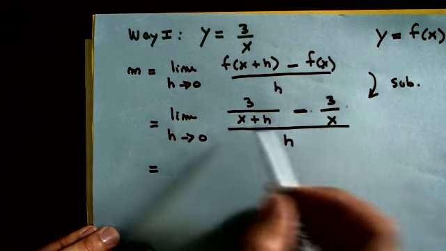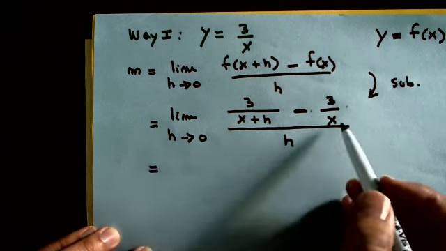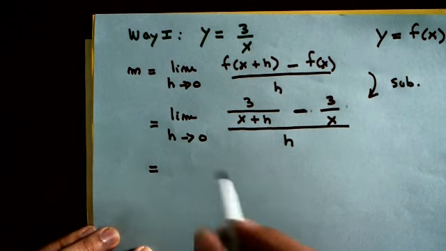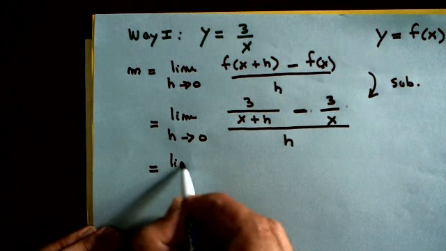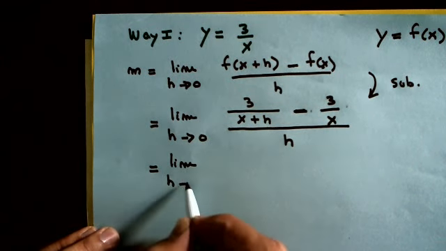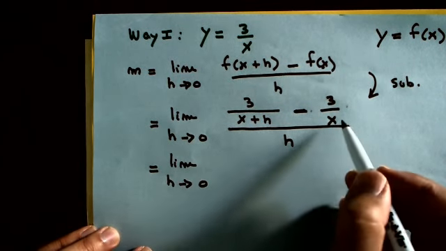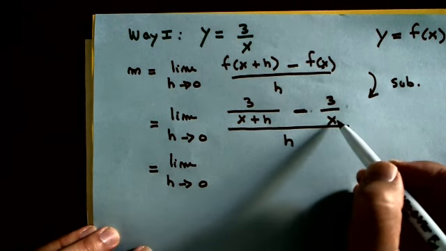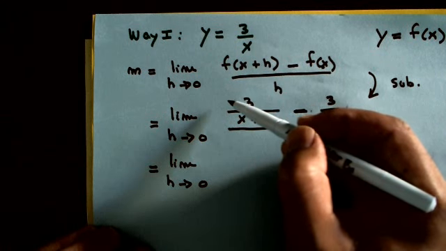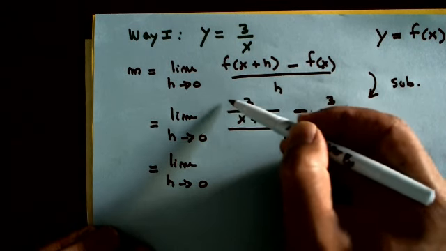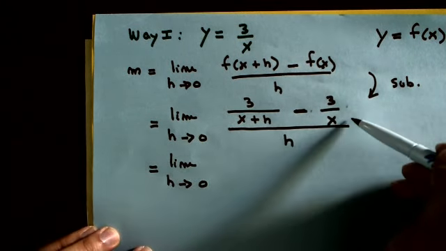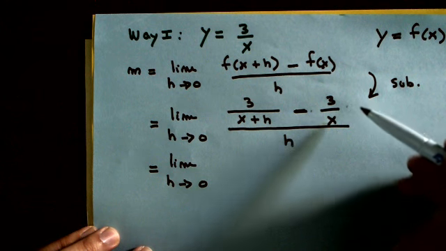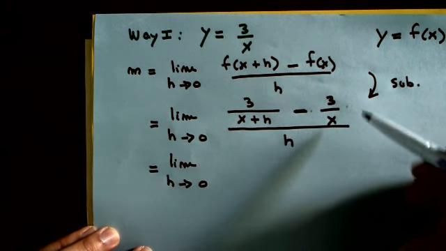We have to find the common denominator on the bottom. So it's the limit as h approaches 0. You've got x plus h and you've got x, so we multiply this one by x over x, and this one by x plus h over x plus h, to have the same thing at the bottom.